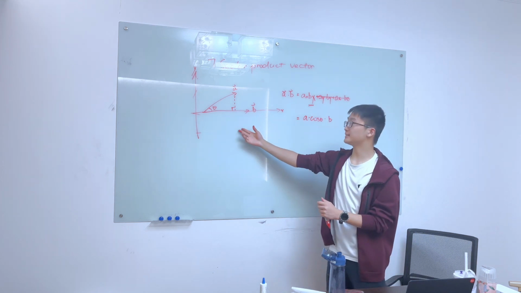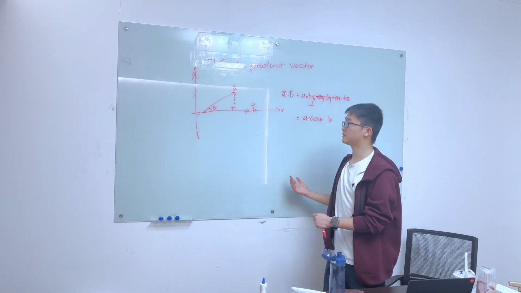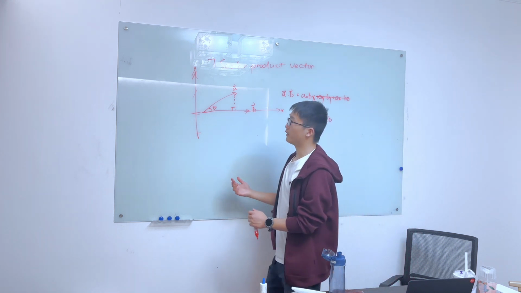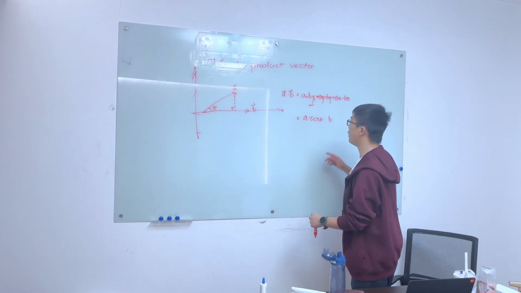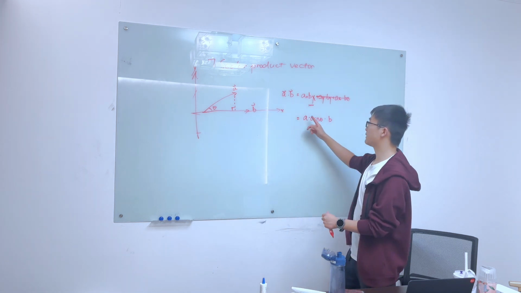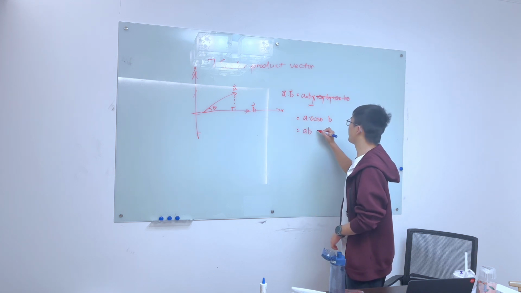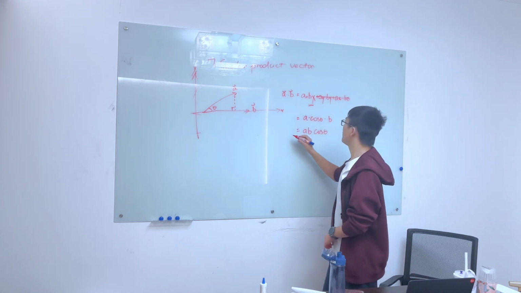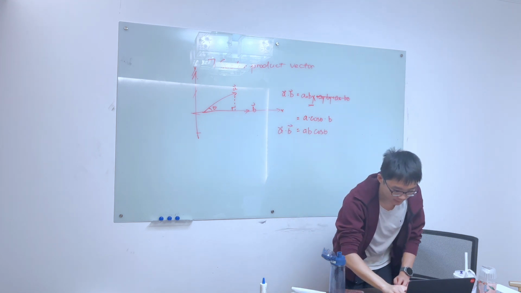Because it is on the x-axis, it doesn't have decomposed components on the y and z axes, so the whole length of the vector is the length along the x-axis. So all in all, the dot product of A and B is equal to AB times cosine theta.